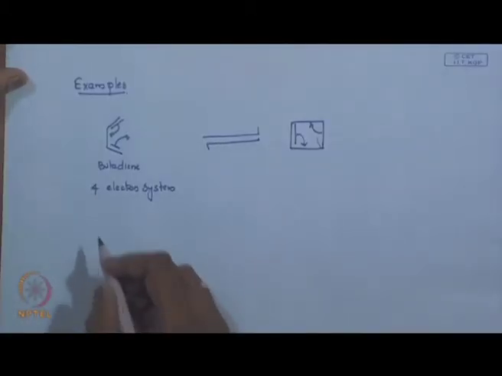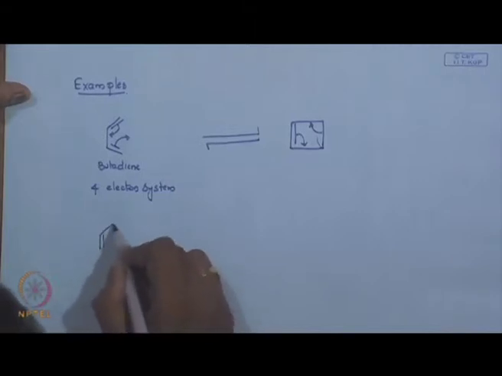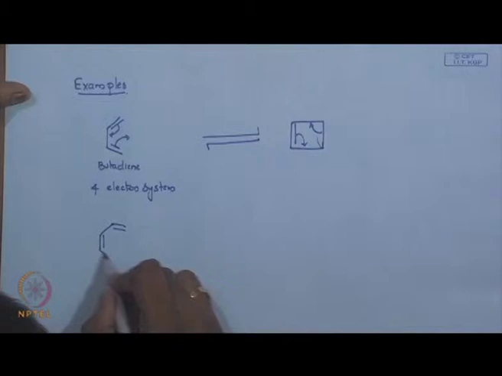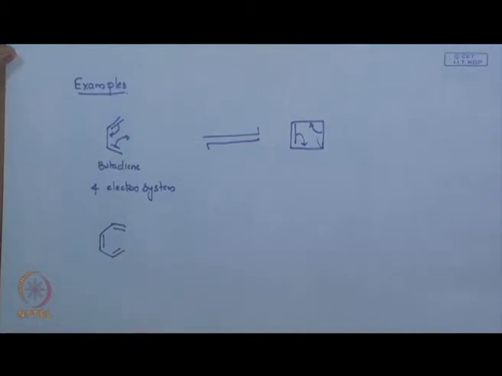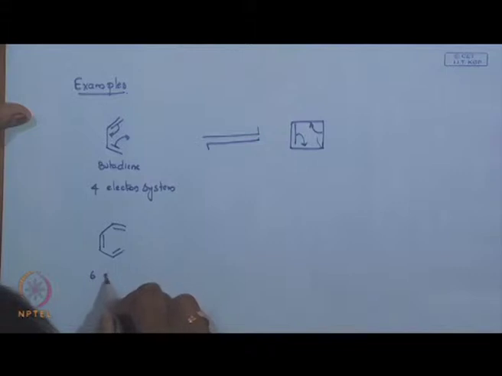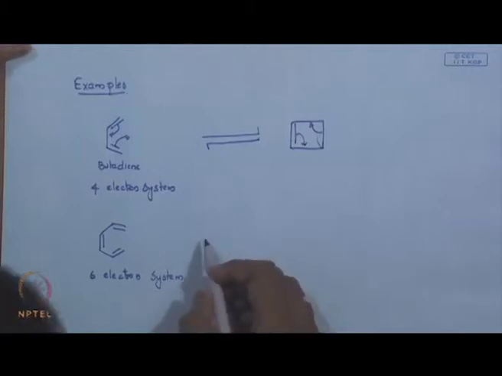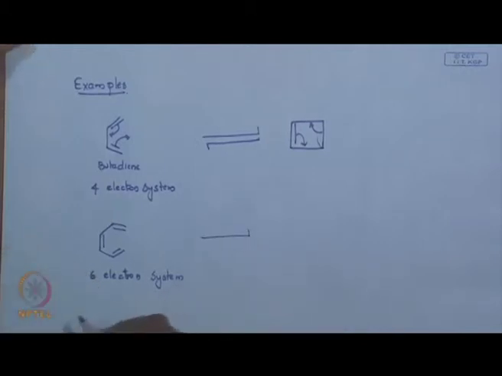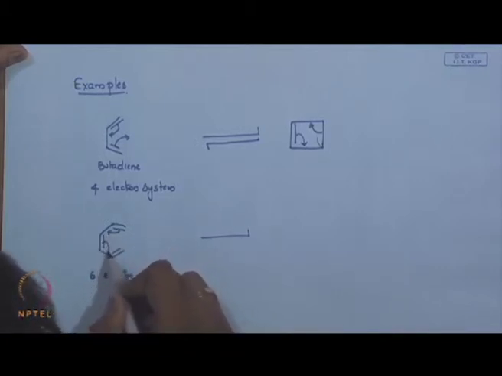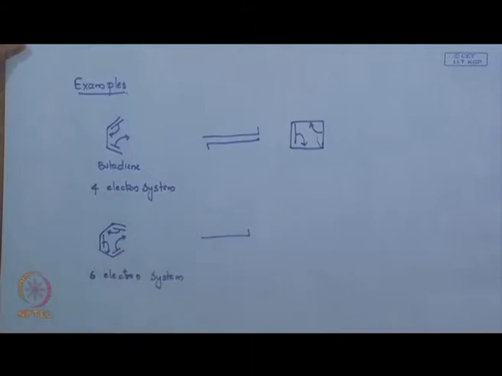We will take another example, which is cyclohexatriene. What electron system is this? Yes, it is a 6 electron system, so it is a 4n plus 2. Similarly, when I shine light or heat this, the reaction can cyclize.